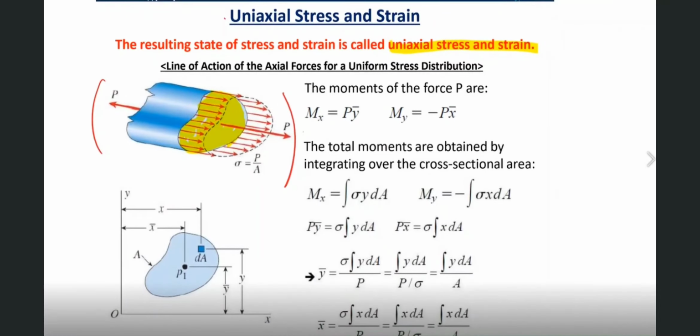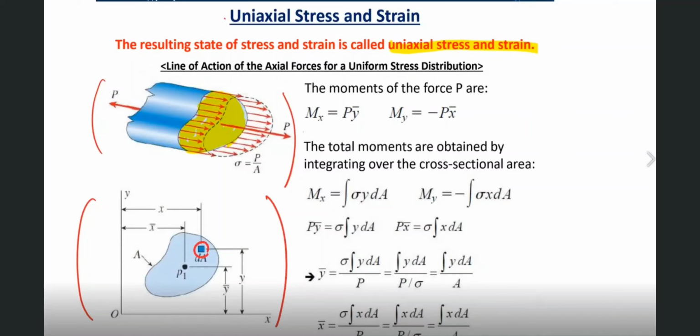And here in this graph, we need to consider a prismatic bar of arbitrary cross-sectional shape subjected to axial forces P that produce uniformly distributed stresses.